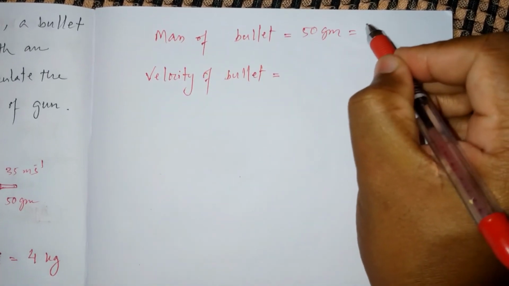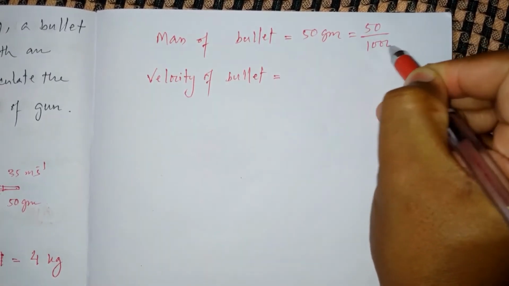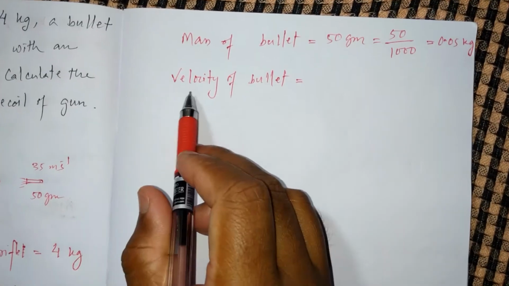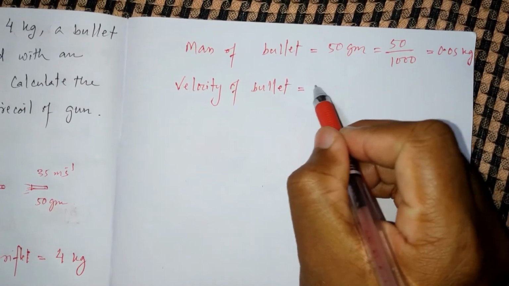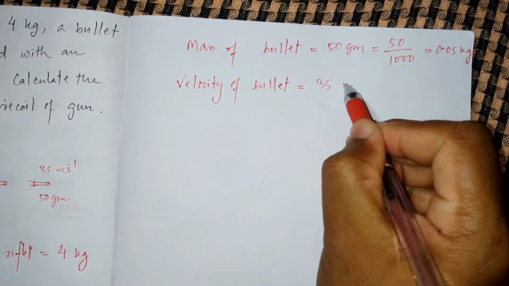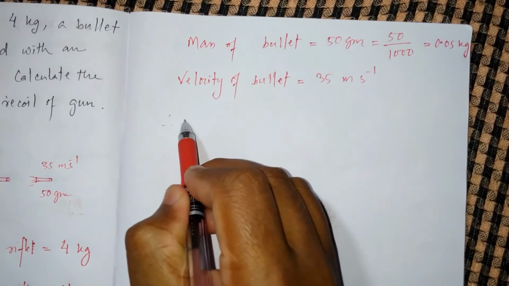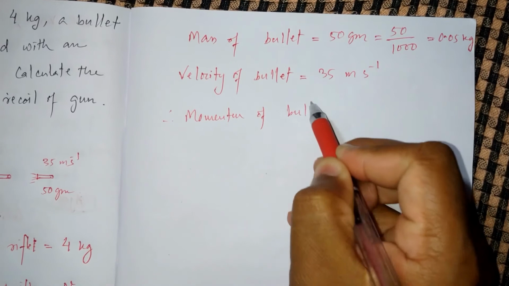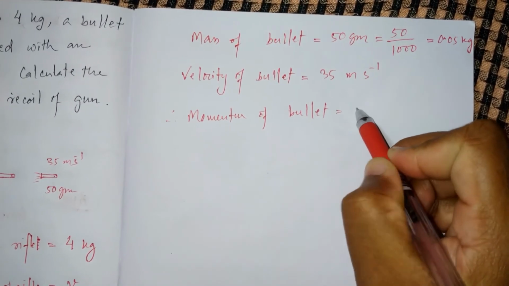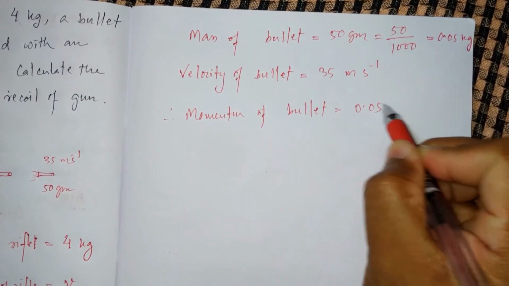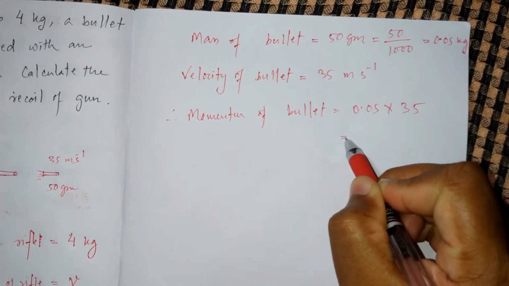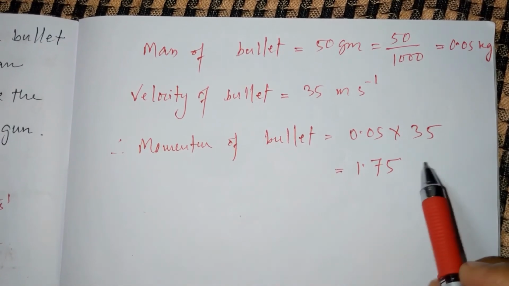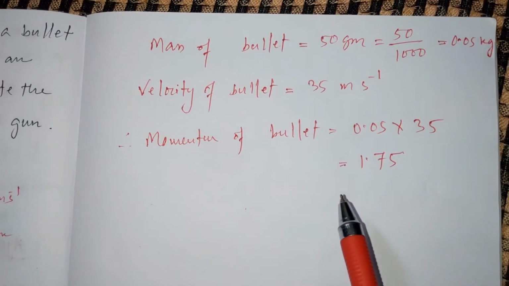So it will be 50 divided by 1000, so it will be 0.05 kilogram. And the velocity of bullet is already given, it is 35 meter per second. So therefore the momentum of bullet will be mass into velocity. This is 0.05 into 35, so it will be 1.75. So we have the momentum of bullet, and we have the momentum of the rifle.